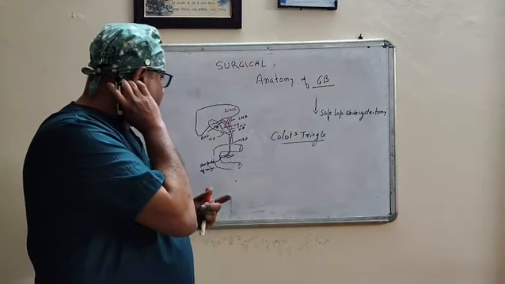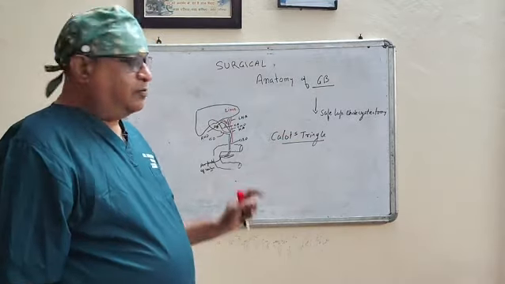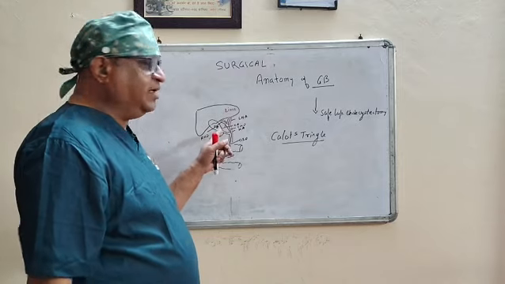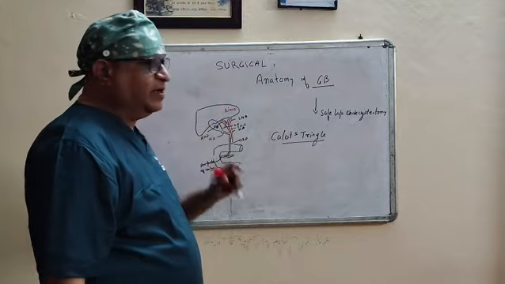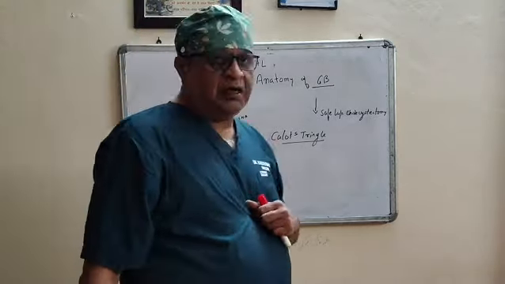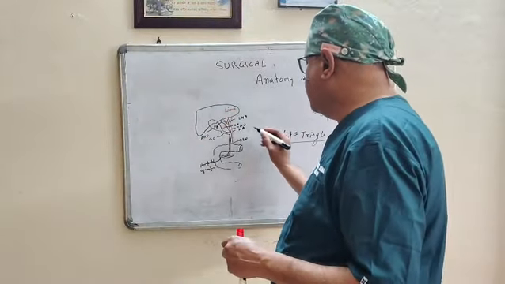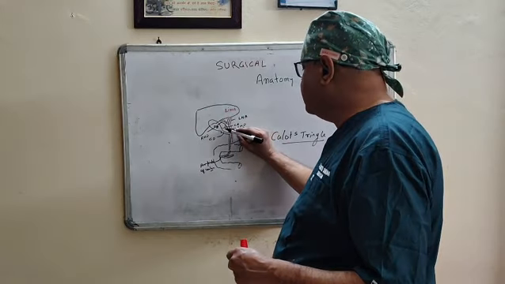There is so much variation in the arterial system, blood supply, and biliary ducts. First we discuss the arterial supply of the gallbladder. Mostly the gallbladder is supplied by the cystic artery, which is a branch of the right hepatic artery. Sometimes the right hepatic artery takes a turn, becomes tortuous, and is present in Calot's triangle.